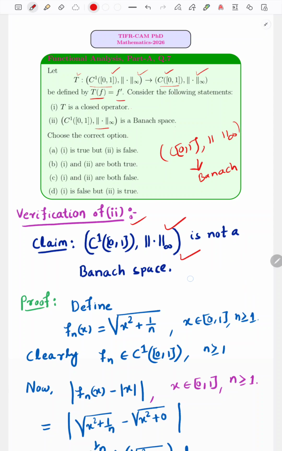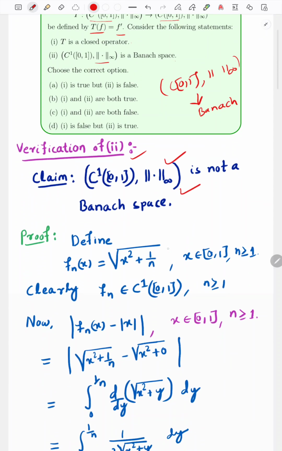Okay, this is our strategy, and the required function fn is defined in this way. fn of x is equal to the square root of x square plus 1 over n. Okay, clearly this function is continuous and differentiable for all n greater than or equal to 1. Okay, you have to verify it by yourself.